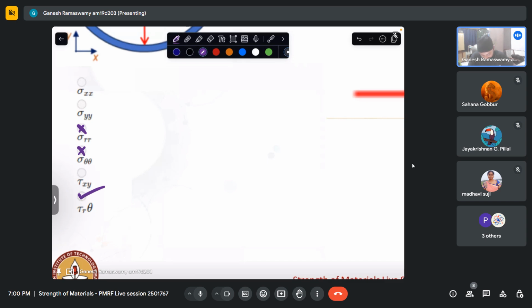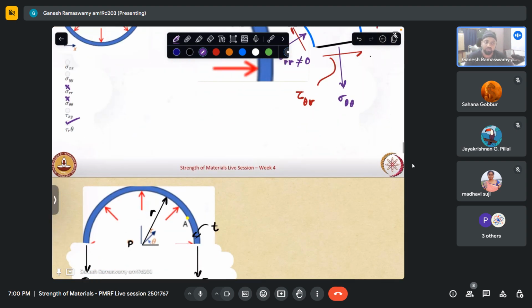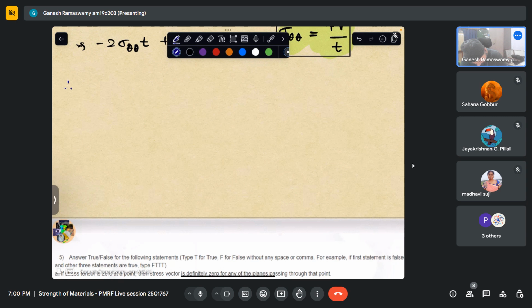Now we have to answer for the other three, which is sigma xx, sigma yy, and tau xy. So can we employ some tool that we have at our disposal for this? We can simply transform this matrix. So in the polar coordinate, I have got sigma rr, which is non-zero, sigma theta theta, which is again non-zero, but I have this as 0.